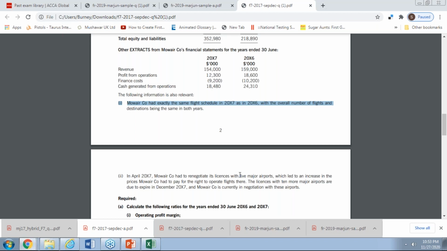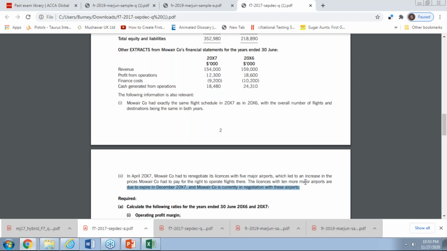The second thing is the amortization of the license. The licenses with 10 or more major airports are due to expire in 2007. Moyer is currently in negotiation with these airports.